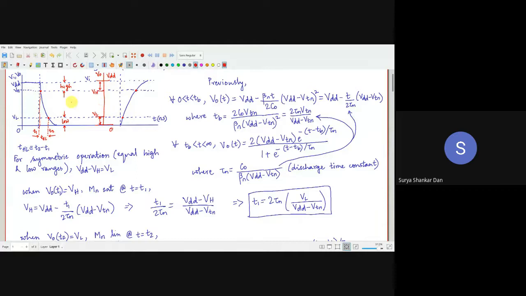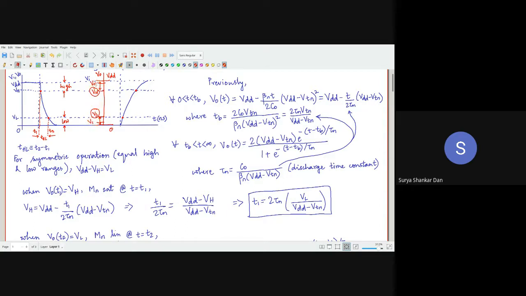Whatever voltages we are talking about, which are the ideal ones. In the case of noise margin, what we saw is that VOH was supposed to be very close to VDD, and VOL is supposed to be very close to zero. Yes or no? But then where are VH and VL coming from? That VOH and VOL will be somewhere here.